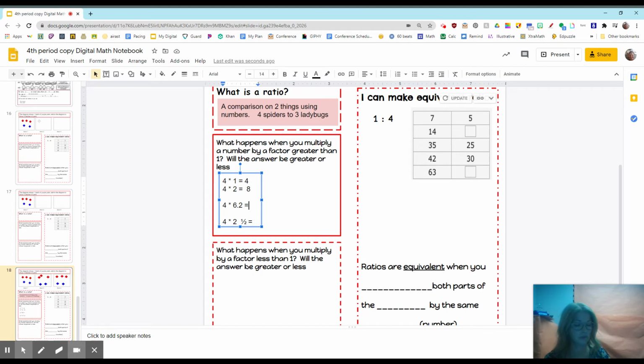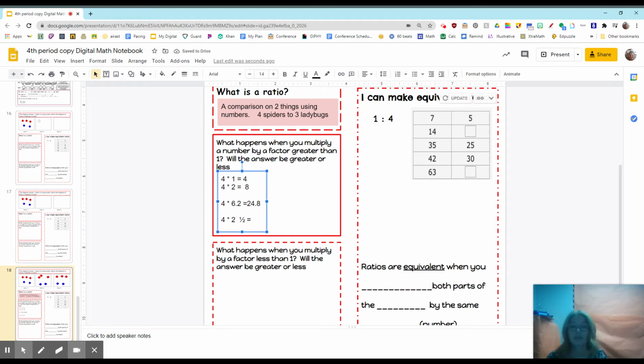Four times 6.2, 24.8. Bigger. And then 4 times 2.5. Well, 4 times 2 is 8. 4 times a half, or half of 4 is 2, so that would be 10. And what you should notice is that anytime you multiply by more than 1, the answer is greater than what you started with.